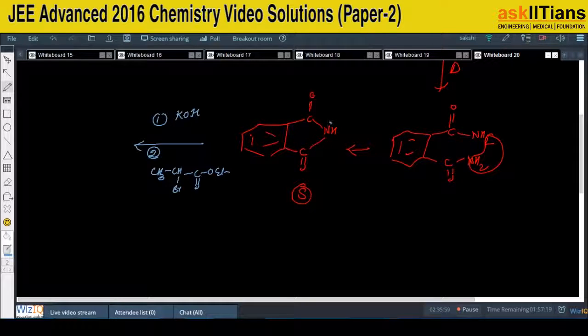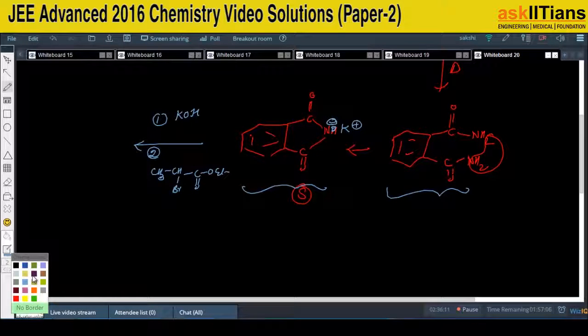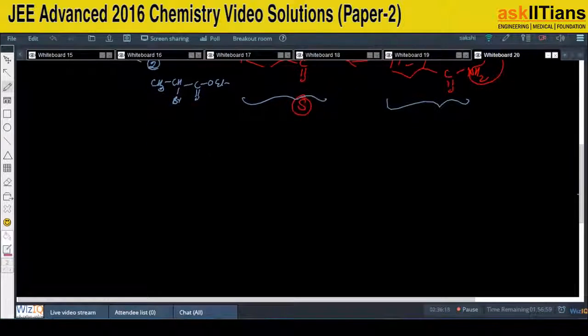First of all, it is going to form N minus K plus, the potassium salt of phthalimide. So this was phthalic anhydride, this is phthalimide, and N minus K positive is the potassium salt of phthalimide. Once I have the potassium salt of phthalimide and I ask you to heat it, the compound so formed will be something like this.